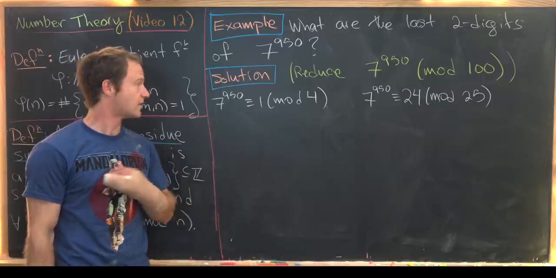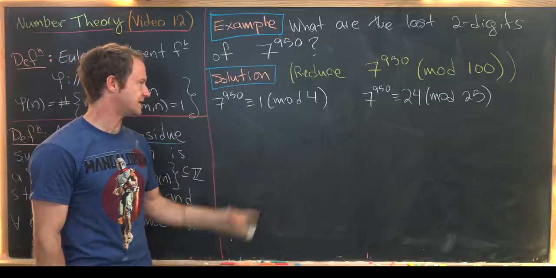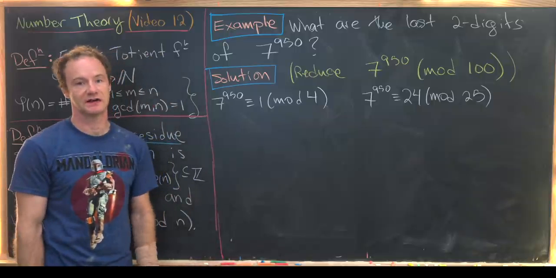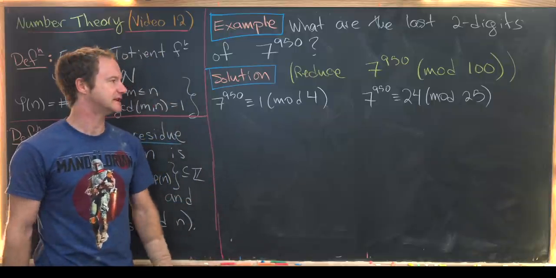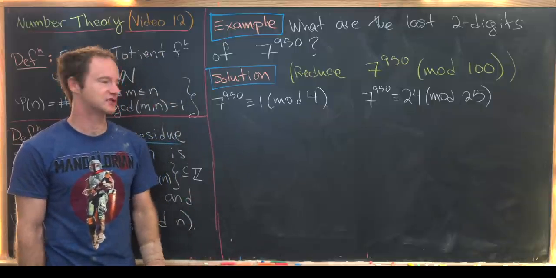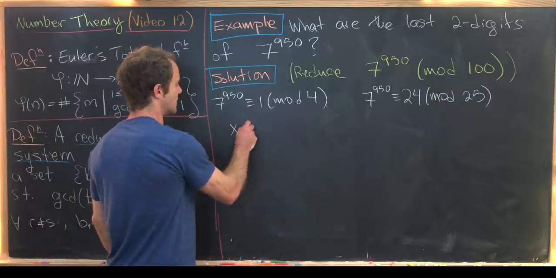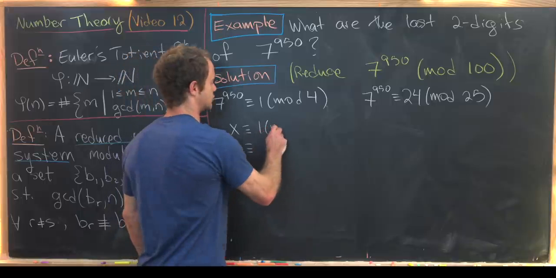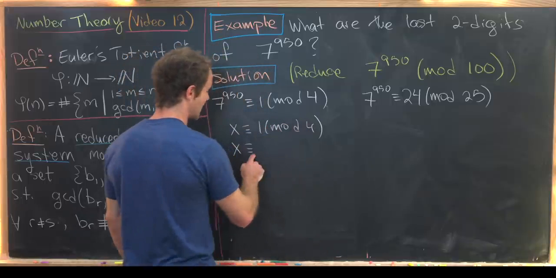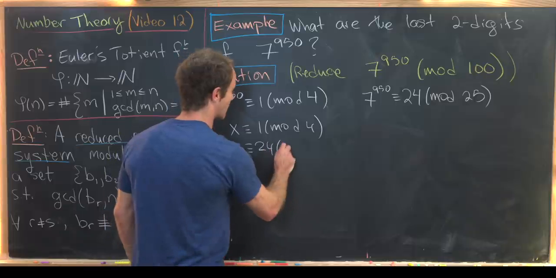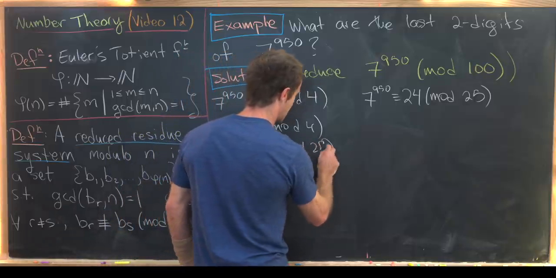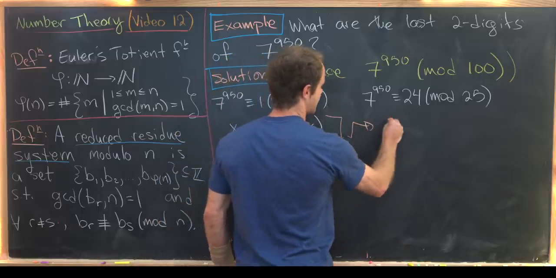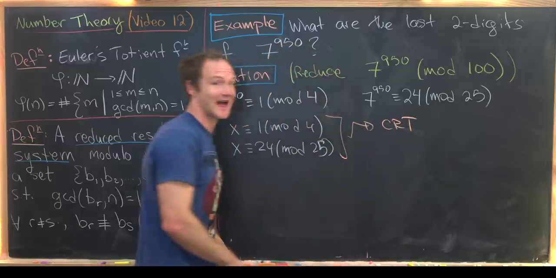Okay, so far we've shown that 7 to the 950 is congruent to 1 mod 4 and 24 mod 25. And from here, it may not seem where we need to go, but luckily we've got something called the Chinese remainder theorem. So if we take the system of congruences given by x is congruent to 1 mod 4 and x is congruent to 24 mod 25, then we can solve that with the Chinese remainder theorem, which the last video was about.